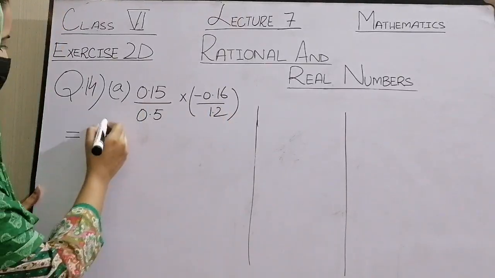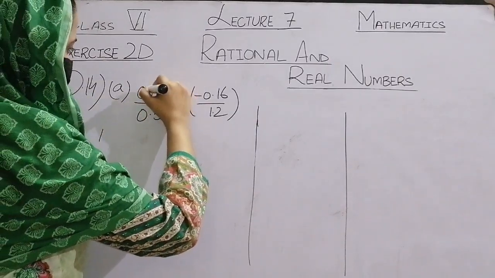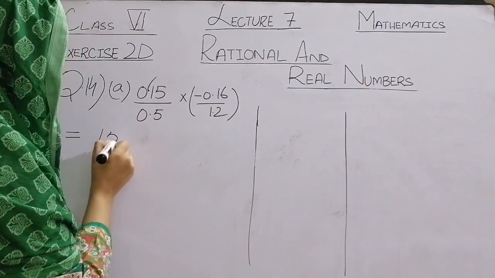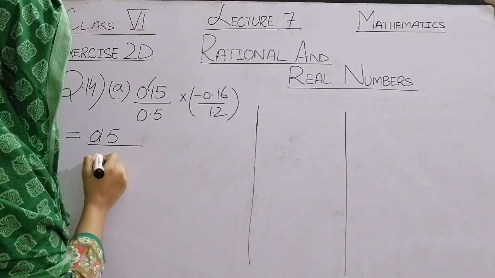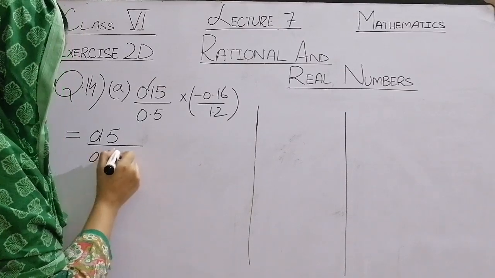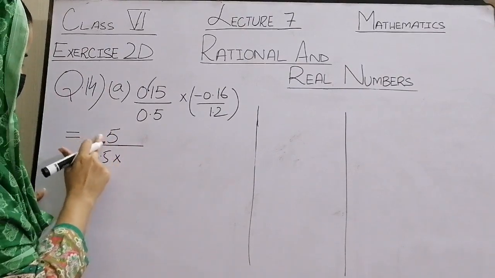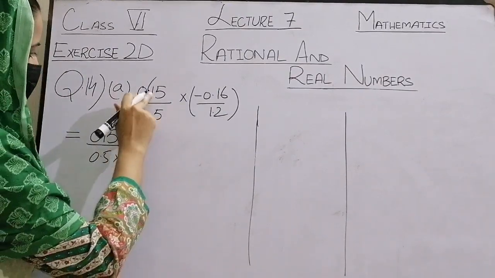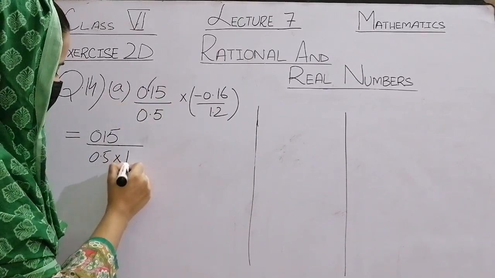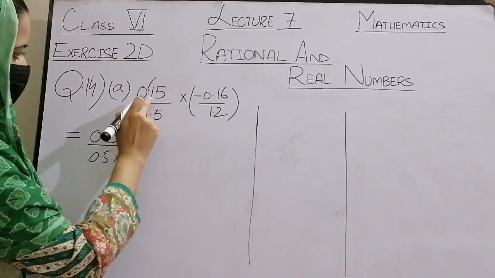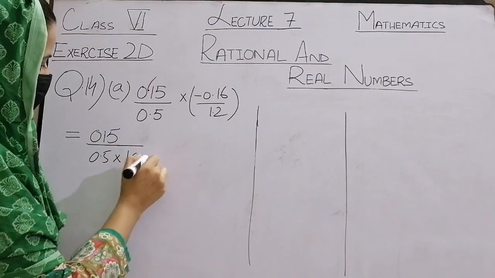You cannot say 0.15 like that; it is not correct to say it that way. The numbers after the point are read as 15 or 16. Eliminate this point. Whenever we eliminate a decimal, we write 1 under it. The numbers after the decimal are 2, so 2 zeros with that one.